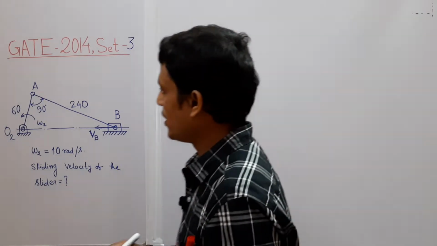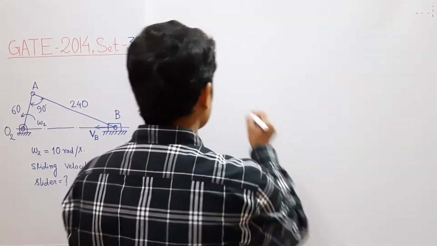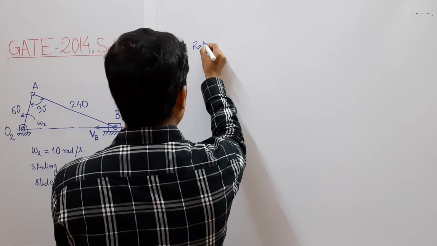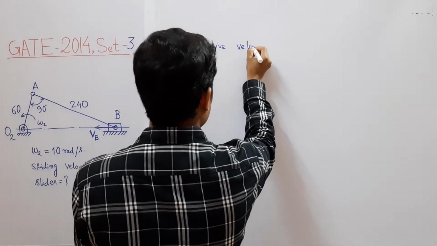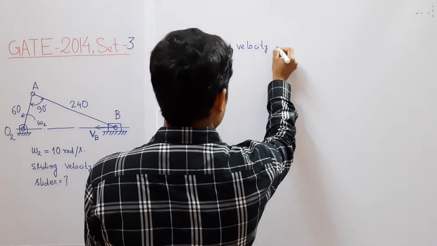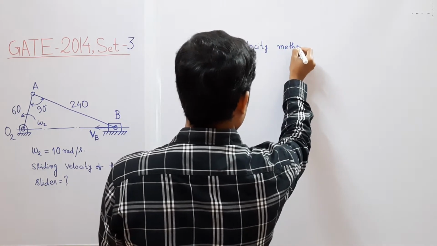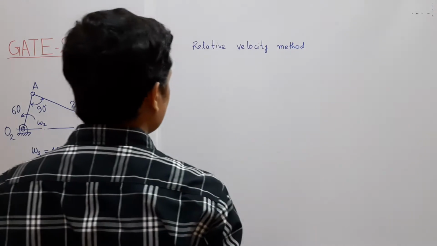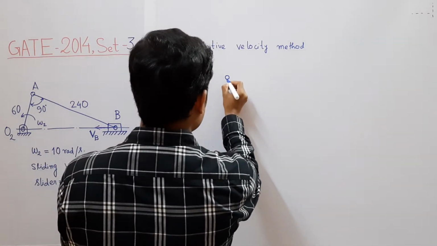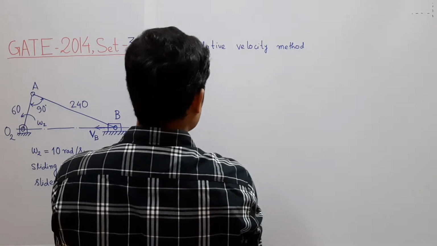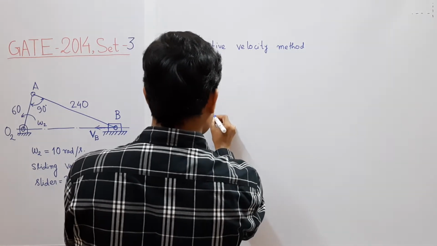So let us first apply the relative velocity method. I am drawing once again here the configuration.